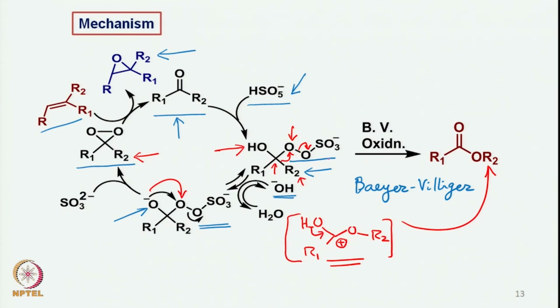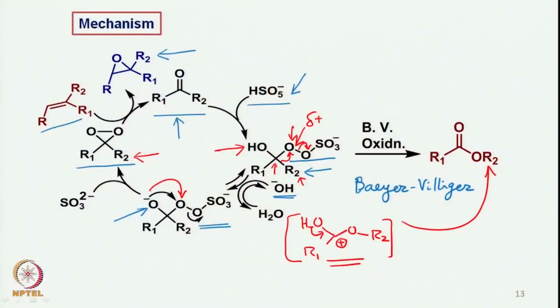When the sulphate goes away, there is a migration of the carbon-R2 bond to the oxygen, which will now be kind of electron deficient, because once the sulphate leaves or is about to leave, you generate a delta positive on this particular oxygen, and then the carbon-R2 bond goes there to form this intermediate. So, this is Baeyer-Villiger oxidation, and we want to avoid such a Baeyer-Villiger oxidation.